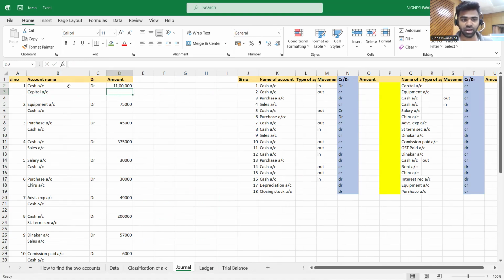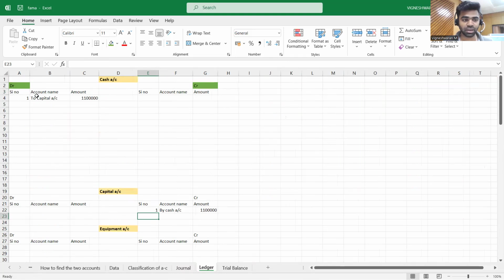Here it is DR, so the other account will be credit only. That's what I have written. In the cash account table I put 11 lakhs on the debit side, and in the capital account table I put 11 lakhs on the credit side. While writing the name in cash, the account is capital; here it is "by cash". Both are serial number 1 only.